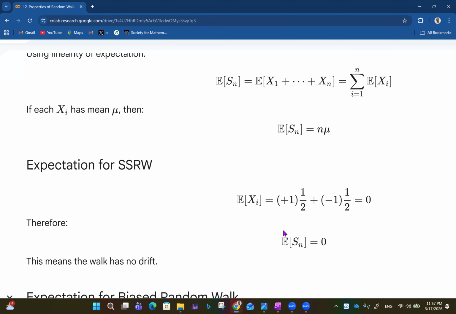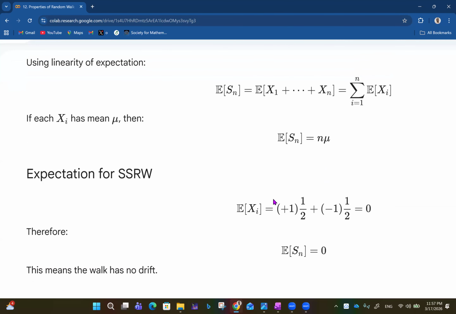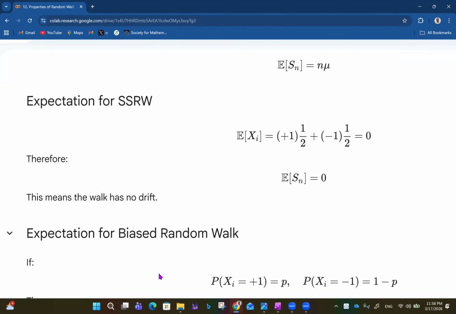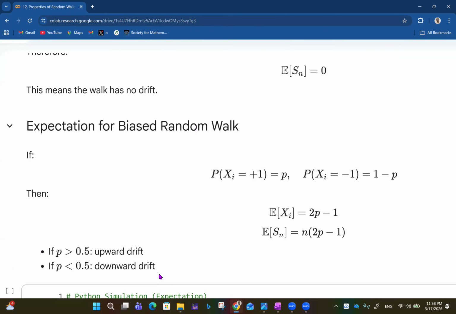For a simple symmetric random walk, the expectation is +1 times half plus -1 times half, which gives us 0. Therefore, the expectation of Sn is equal to 0. We saw that in the last video too. So the walk has no drift, because the expected value of Sn is 0.